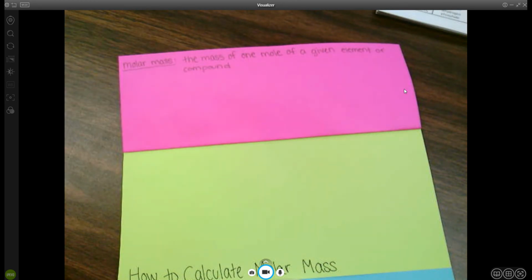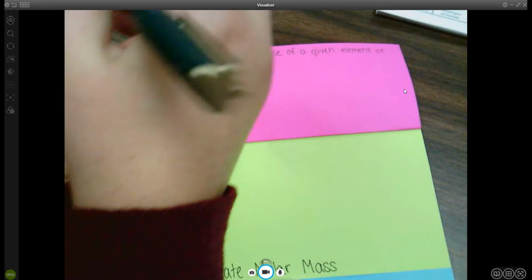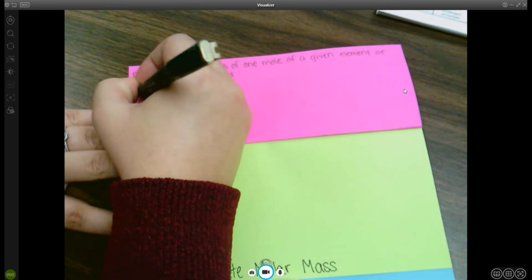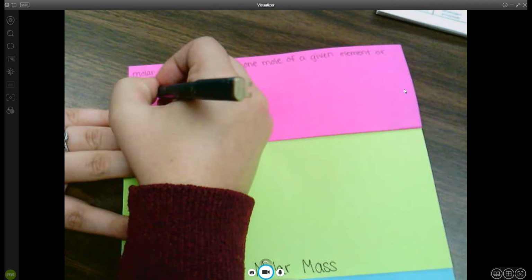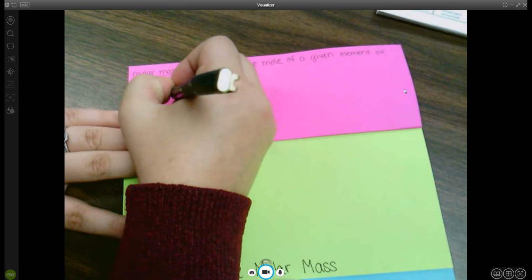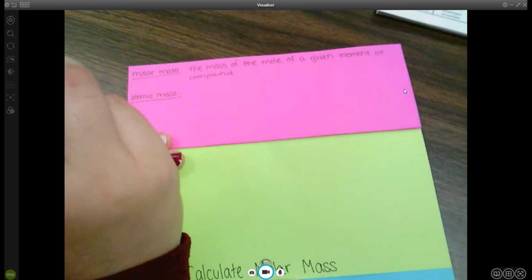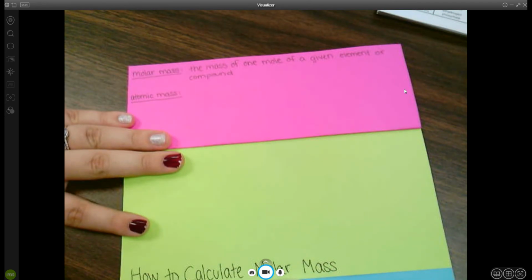The next word or term we're going to define is atomic mass. So atomic mass, right underneath.